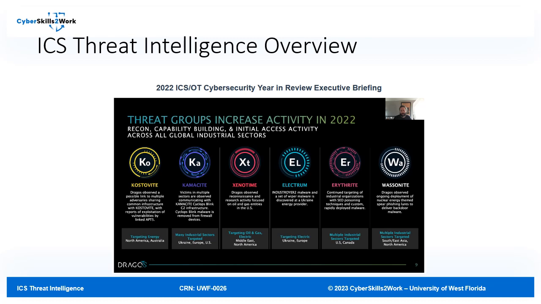A threat group, designated as Kostovite, has been targeting North America and Australia energy sectors. Chemicite has targeted various industrial sectors in Ukraine, Europe, and the United States using Cyclops Blink C2 infrastructure. All this research is valuable threat intelligence.